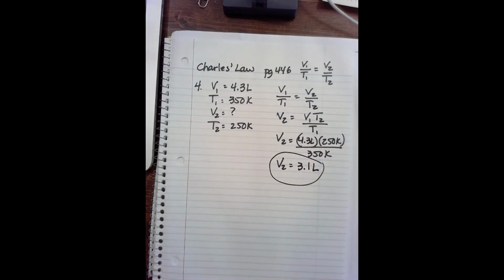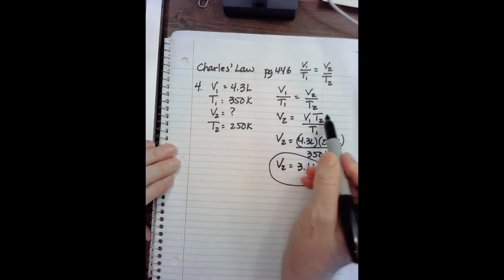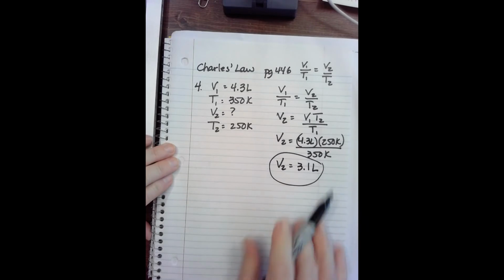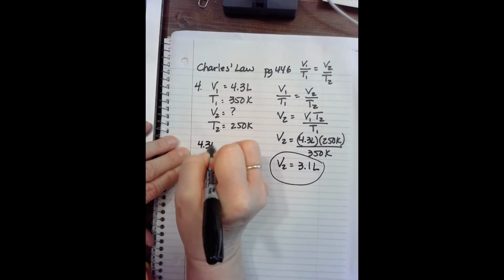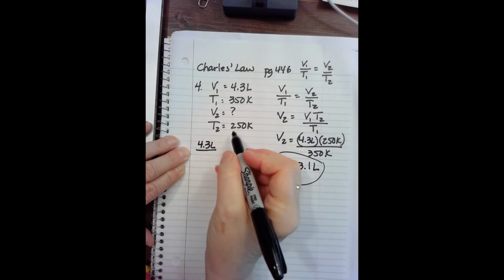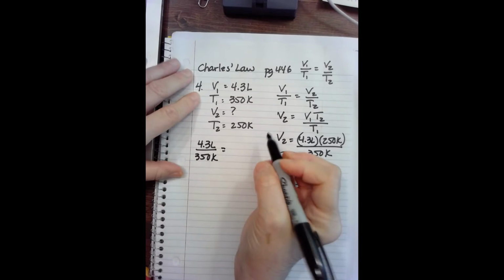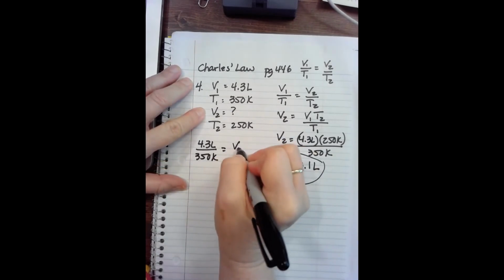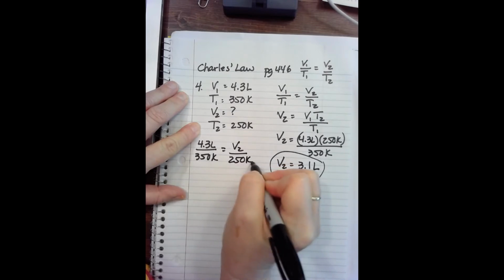All right. So now, how could you solve this once you have your chart written, if you did not want to do the step of rewriting this equation? Well, I would go here. I would say 4.3 liters divided by 350K equals, I don't know, volume 2, and then 250K.